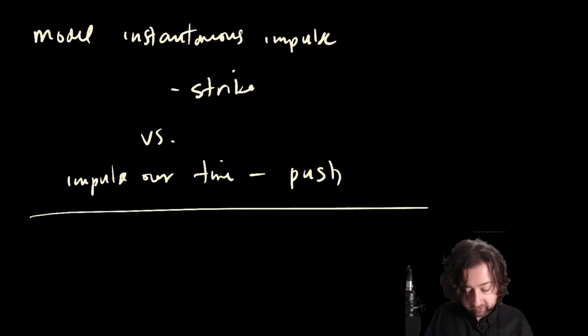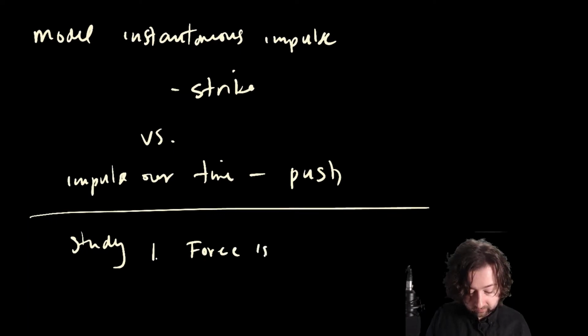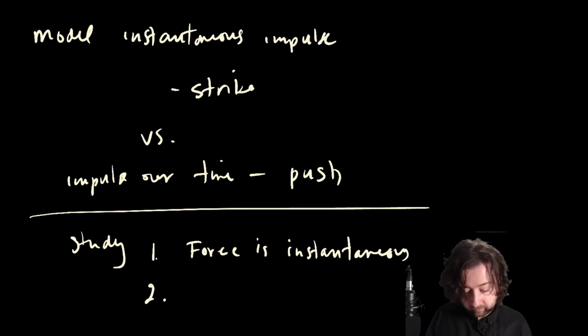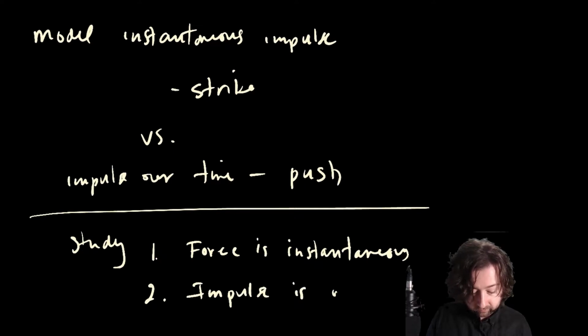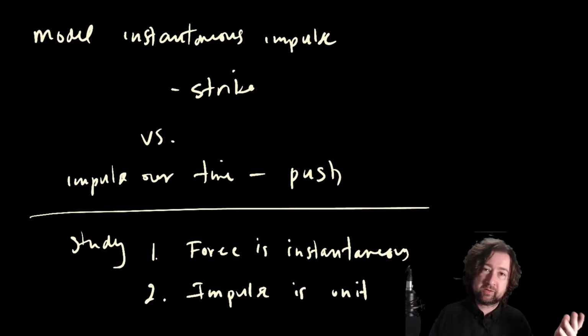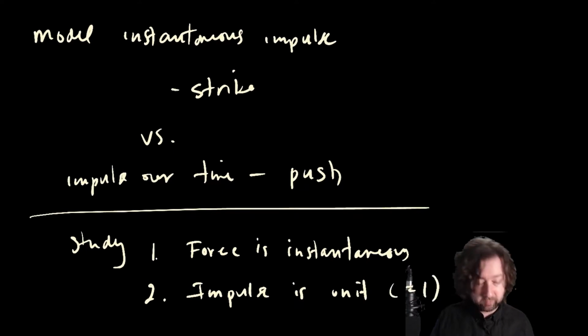So we want to study a function that has two properties. One, the force is instantaneous. And two, the impulse is unit. And anytime a mathematician says unit, you just mean equals 1.